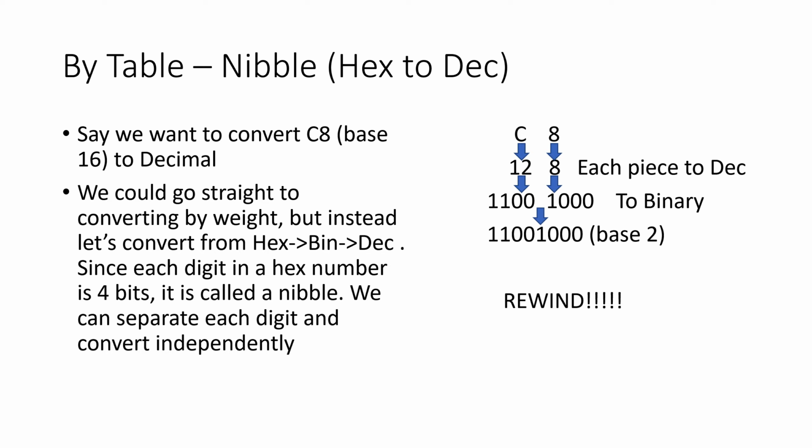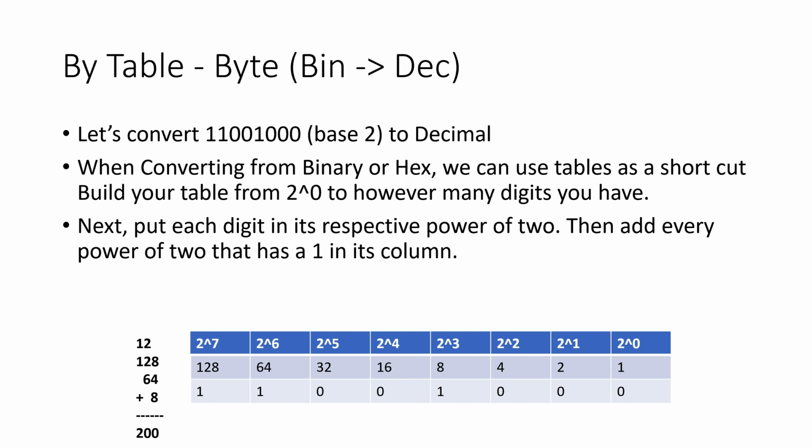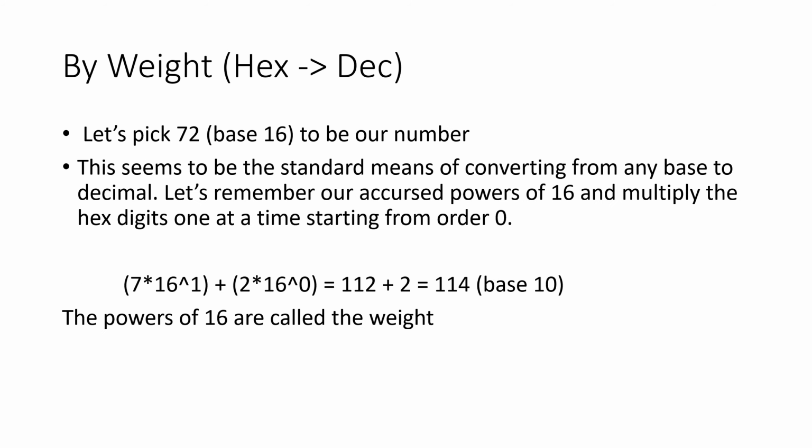Then convert those to binary, and you can do that by using parity or remainder, whichever one. Then smack those two numbers together, and you get a giant 8-bit binary number. Then go ahead and place those inside your table there. Add up the powers of 2 that correspond with 1, and you get your number.